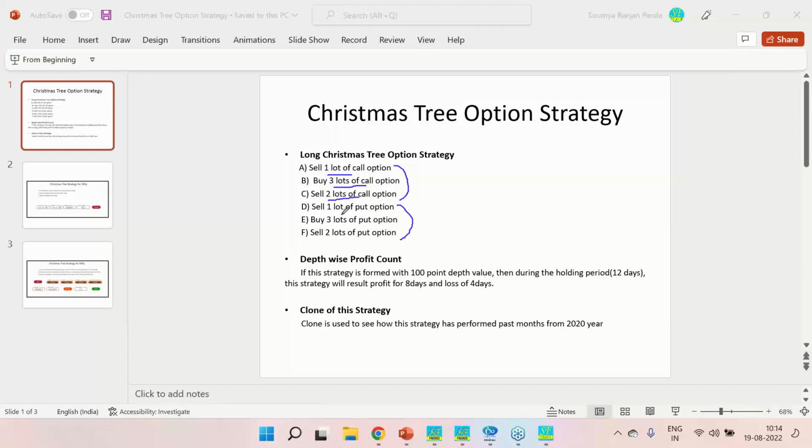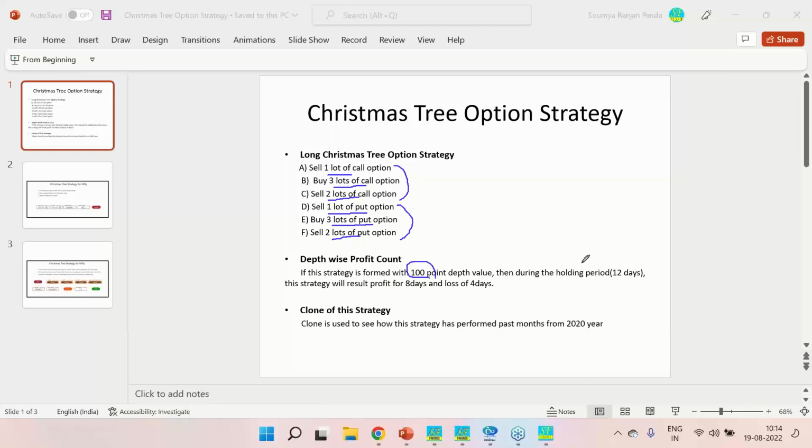Same as the call option, in the put option also, selling 1 lot and then buying 3 lots and selling 2 lots. So these 6 trades should be made, and then the depth between the strikes you can choose 100, 200, anything. So there's a depth which we should be choosing.